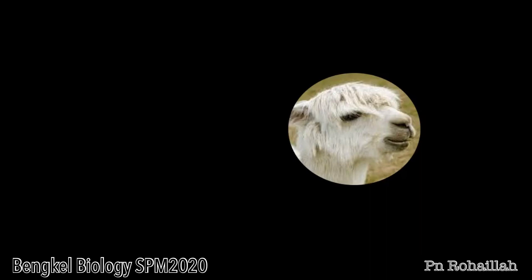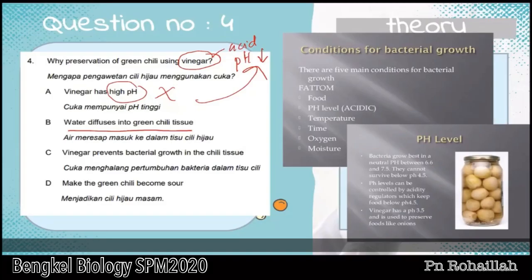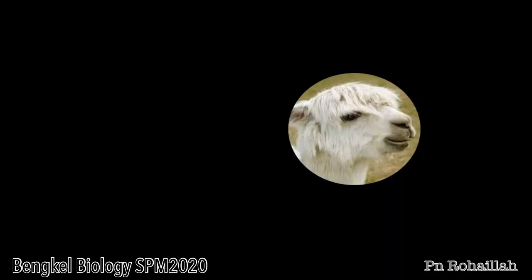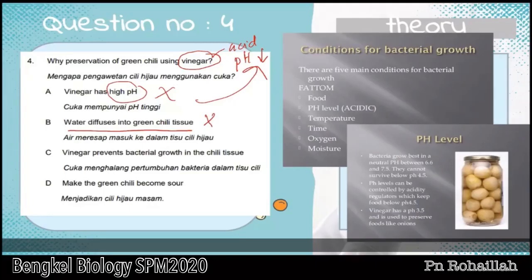So if you compare vinegar dengan chili tu, which one is hypotonic, which one is hypertonic? So sebenarnya water diffuse out from the green chili into the vinegar. So dia terbalik. So salah lah B. Boleh faham? And C, vinegar prevent bacterial growth in the chili tissue. Yes, correct. Kenapa?